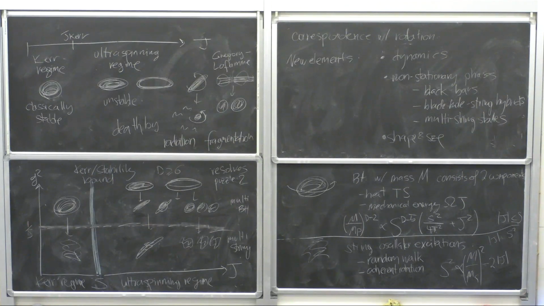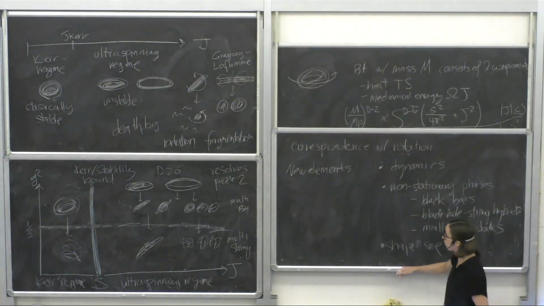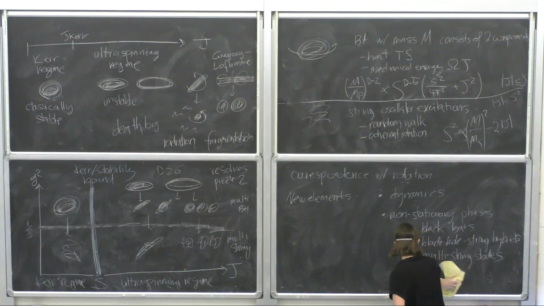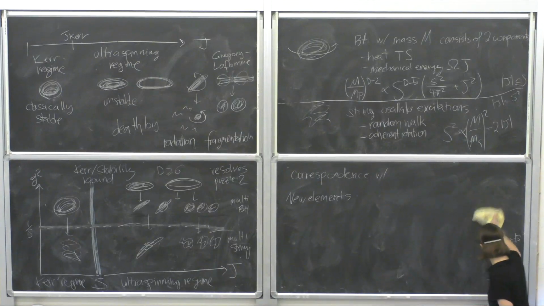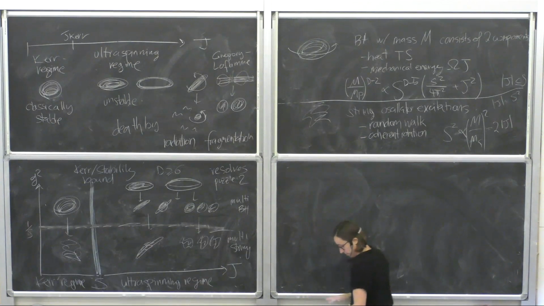Or at the very least, it means that I have to include the effect of self-gravity, which is hard to do. What I'm going to show you in the following now is that things are actually much better. Okay? So we're going to compute now the sizes of strings and black holes, and we're going to compare them. And we find that the situation is actually much better than this naive picture would suggest. Okay.